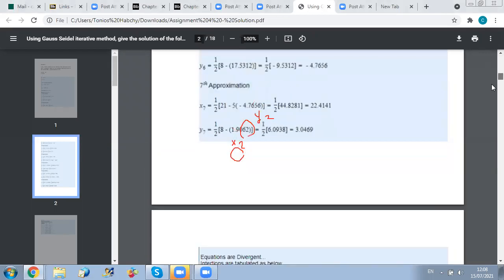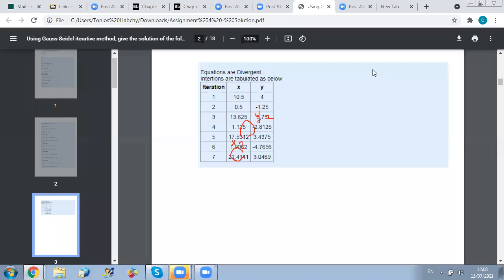Okay. Now, in order to make a conclusion about the results, we should observe how the values of x and y are evolving with iterations. So what we can do, for example, is draw the variation of x with iteration.